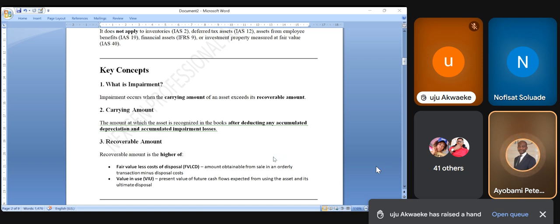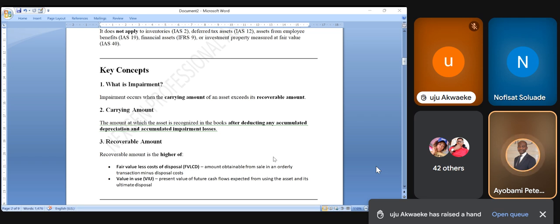And what is current amount? Current amount is the net book value of an asset at the current financial date. In other words, it is the asset after you have deducted the accumulated depreciation over the years. So whatever you have as your book value is the current amount.